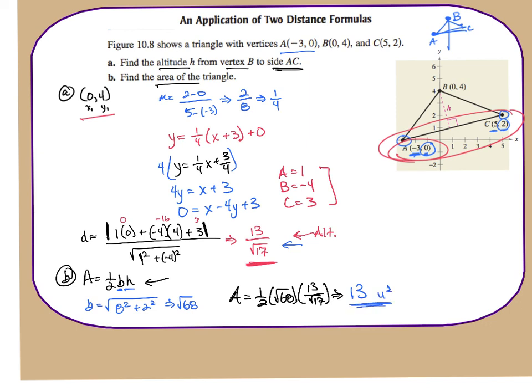Now, the reason why that worked out nice and pretty is square root 68 can actually simplify to 2 square root 17. And when you do that, you'd end up with the 1/2 and the 2, those cancel. And then you're left with 13 over square root 17. And so the square root 17's cancel, and you're just left with 1 times 13, and we end up with 13. Now, all of them will not play out that pretty. You'll mostly round to the nearest 4 decimals, but that one did work out nicely.